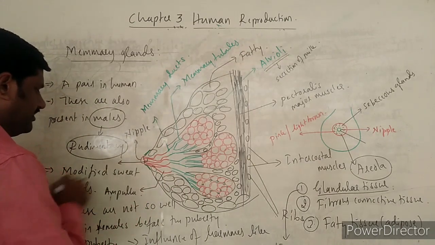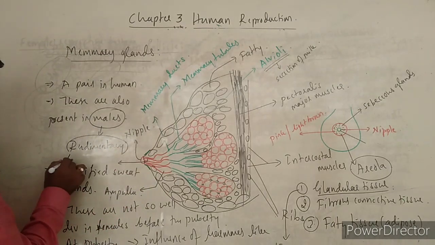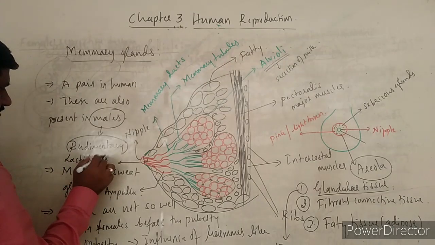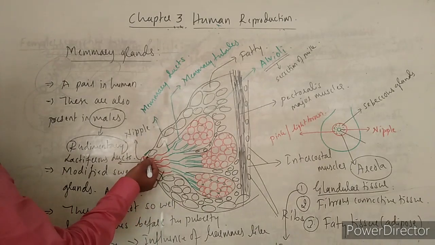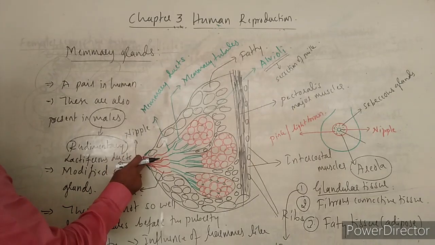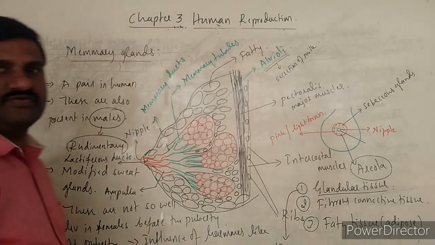I shall label them over here itself. These ducts are called lactiferous ducts. Through the lactiferous duct, the milk comes out of this mammary gland. So whenever the baby sucks over here, right?